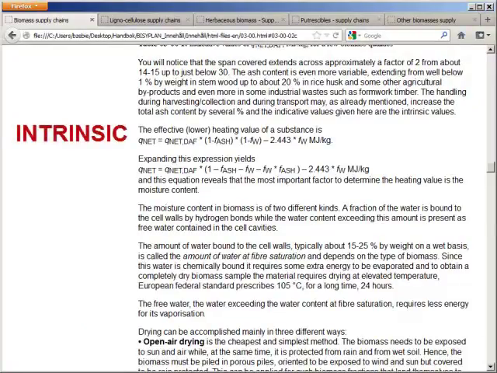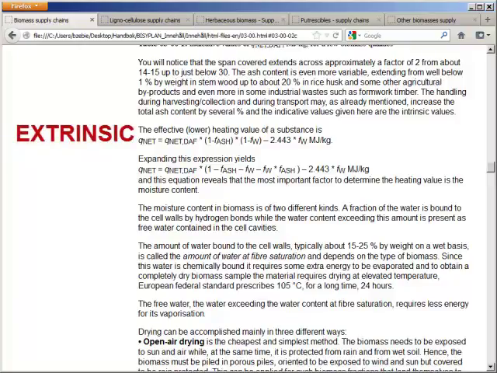There is the intrinsic ash, which is the ash that naturally occurs in the plant and is composed by the minerals and the inorganic materials that are needed for the survival and the life of the plant, for its growth. These include sulfur, chlorine, nitrogen, phosphorus, but also a number of different metals and minerals such as calcium, sodium, potassium, and a number of others.